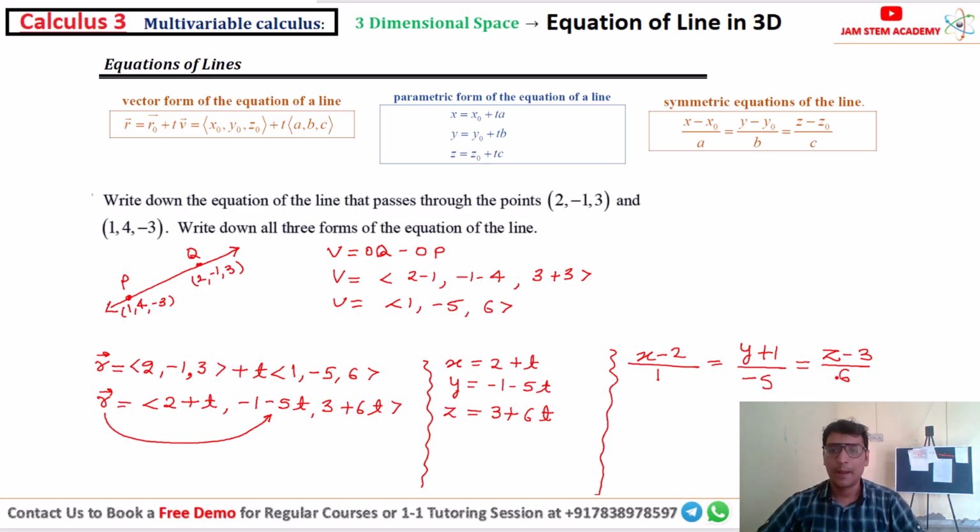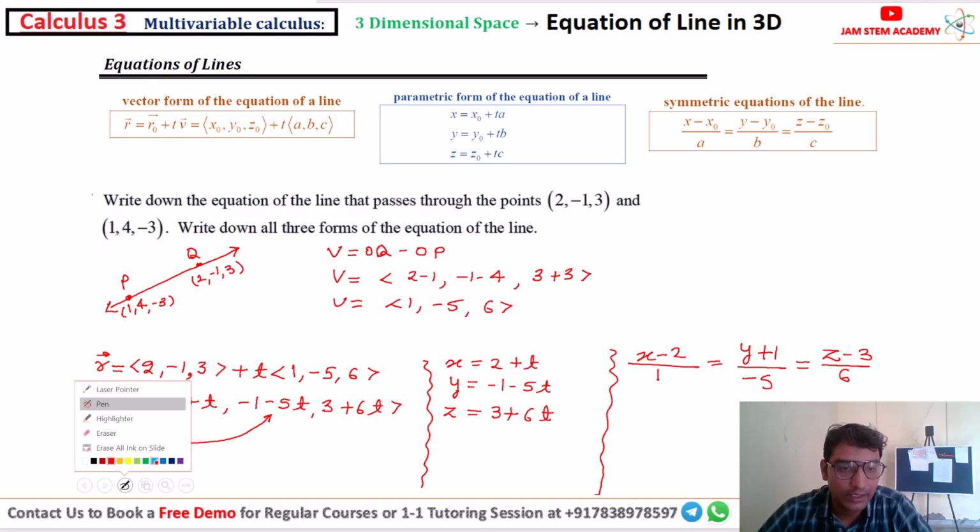That is the symmetric form. Okay, but this time I considered my point as 2, minus 1 and 3. I got all these answers corresponding to that only.